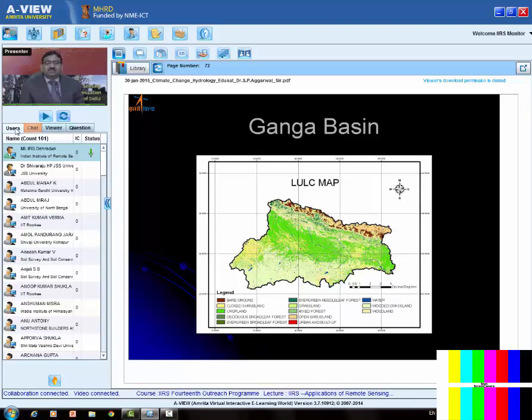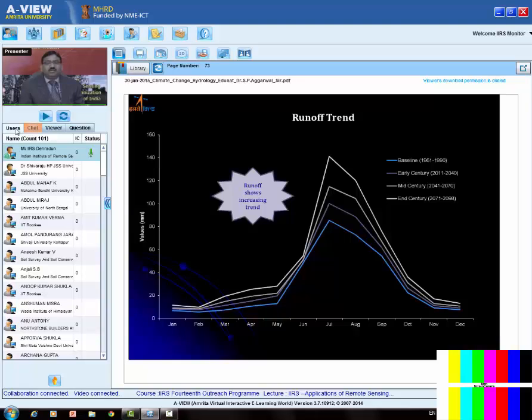Then we have done this modeling for the Ganga Basin also, and we used the IITM Pune regional model to take the meteorological data for 20 different years, for early century, mid century and end of the century.